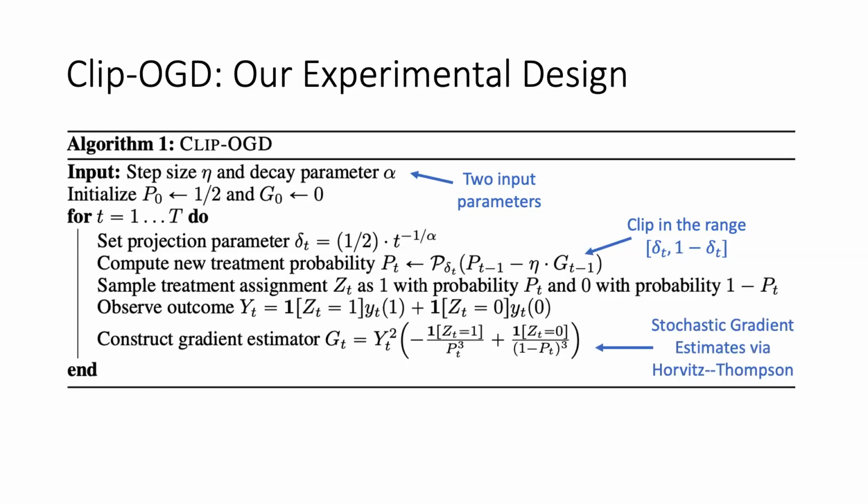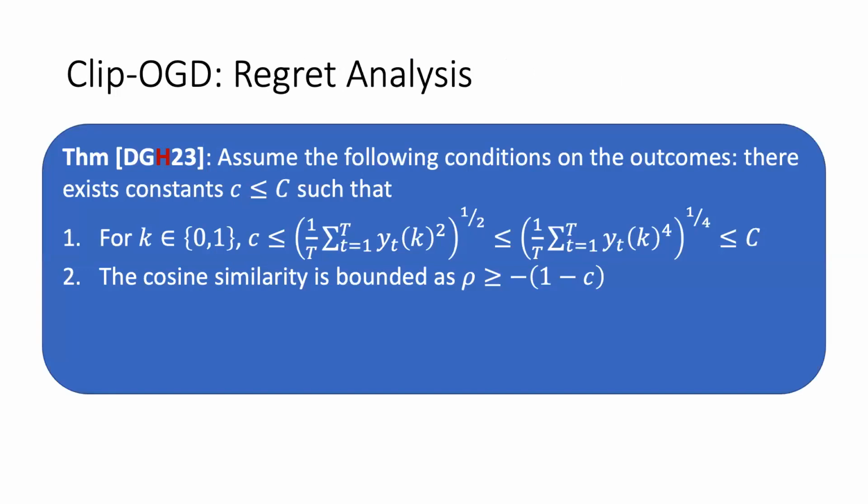And of course, we're going to estimate gradients through stochastic gradient estimation using the Horvitz-Thompson principle here. And so here's the main result. But first, let me get through what the assumptions are. There exist constants little c and big C such that this second moment is bounded away from 0.